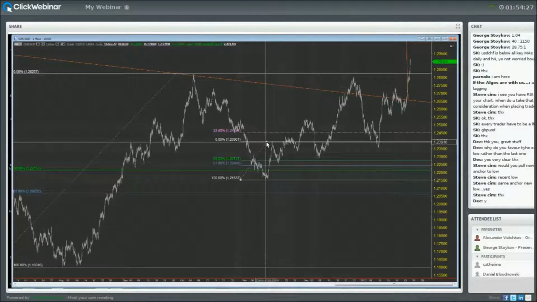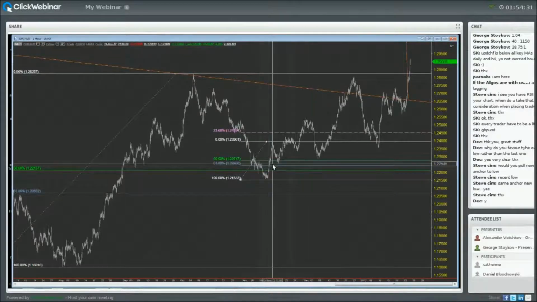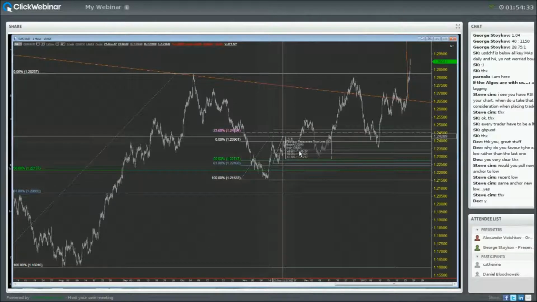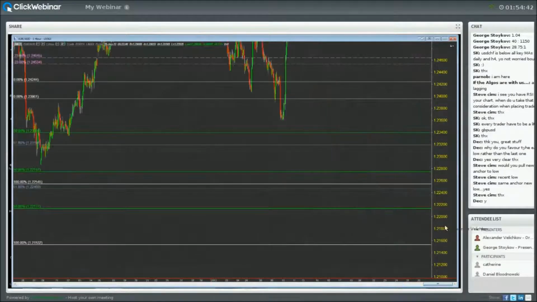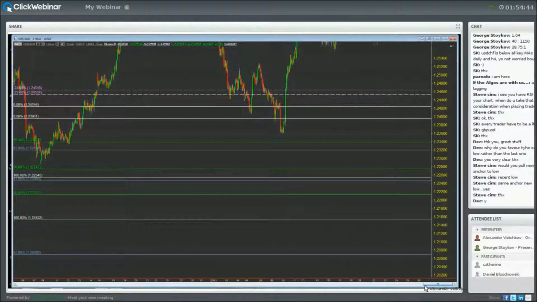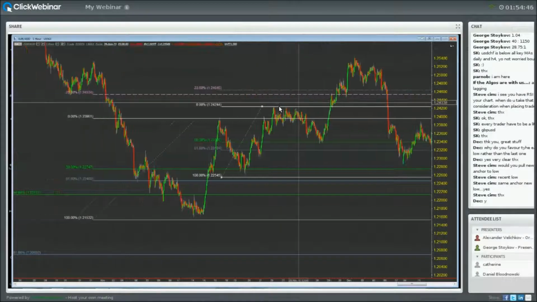When you take this anchor and drop it to here, as you can see, we held again. At this point, we're going into an extension. Let me zoom in because you guys can't see anything.